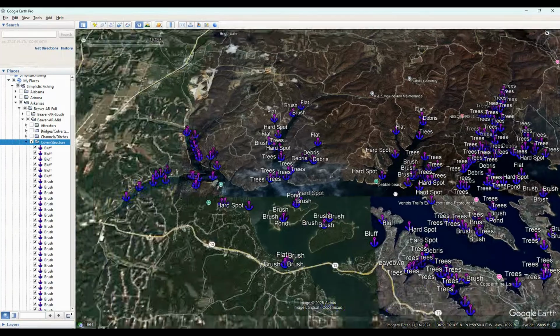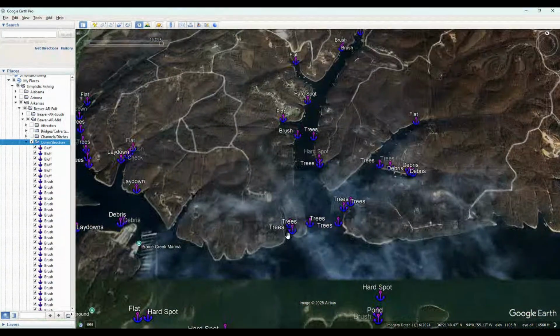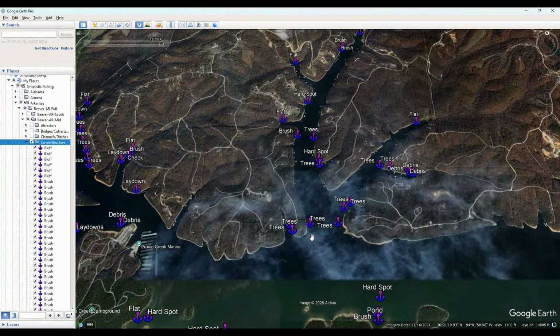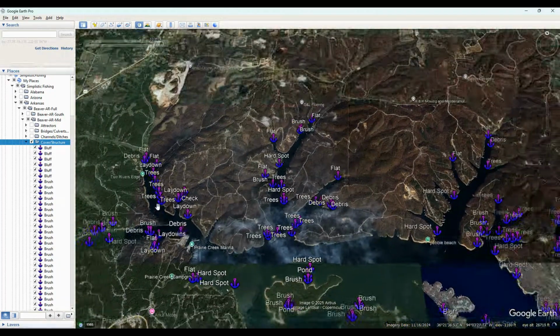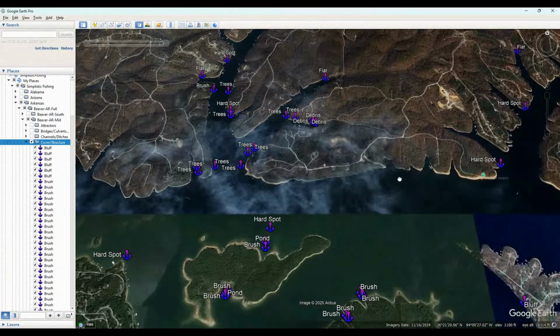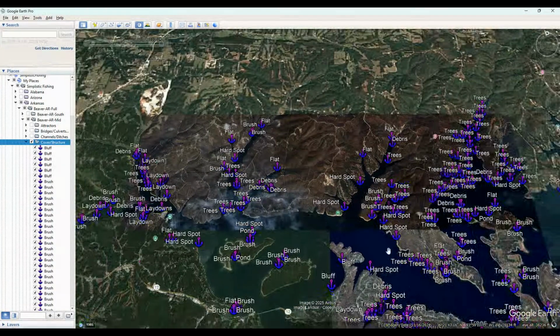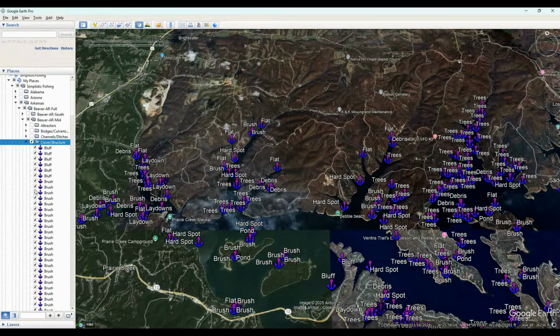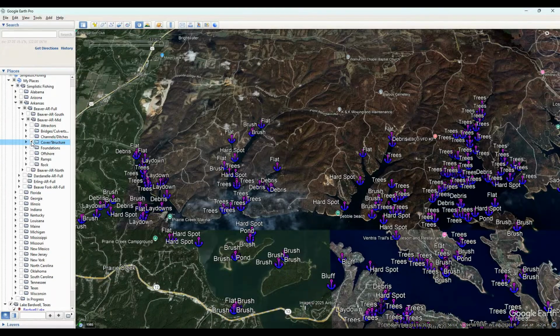So if you're on a pattern where you're finding them on the trees, and trees close to points, or trees in the back close to flats, whatever it is, you've got it all marked here and you can see it. So again, something I would pay attention to if I was out here fishing the lake, I would definitely take a look at these underwater trees and see if I could start up some kind of pattern by just fishing those trees.